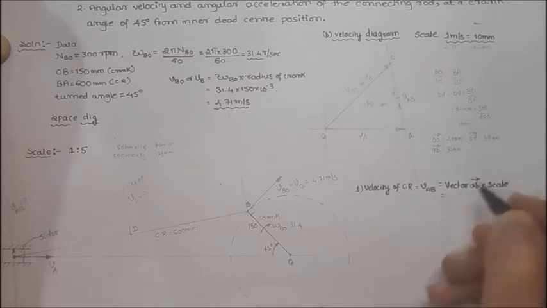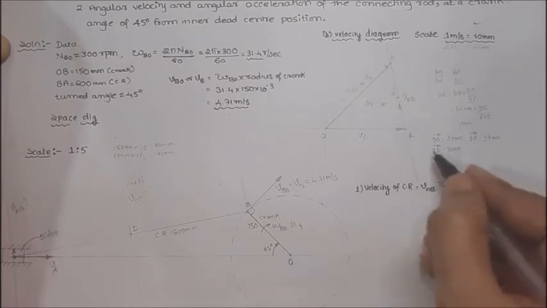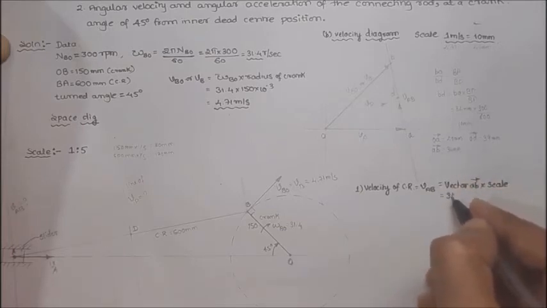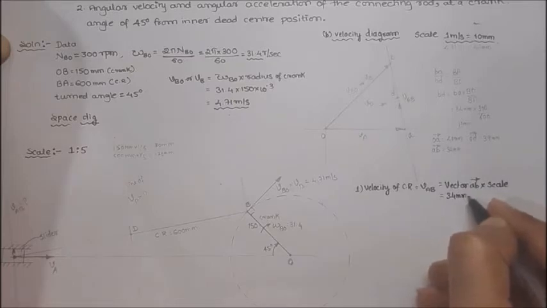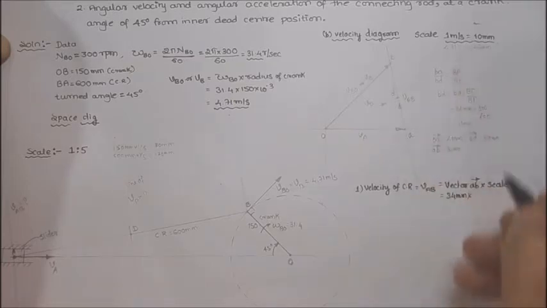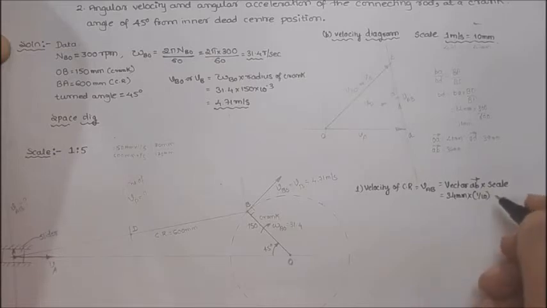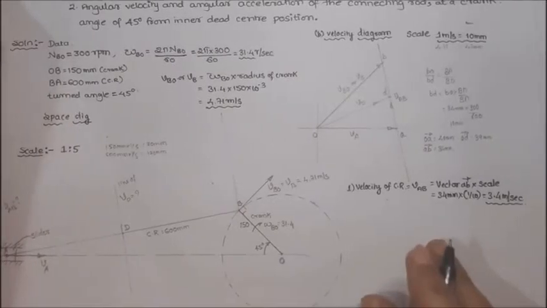So vector AB, just now we have got it, AB equal to 34 mm, scale 1 divided by 10, so that will be equal to 3.4 meter per second. So we got this one.